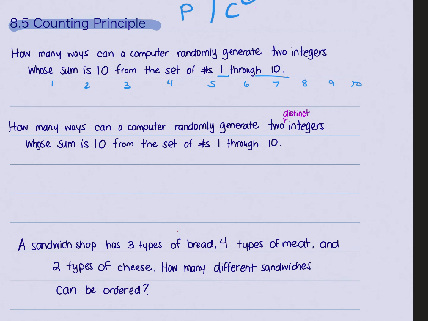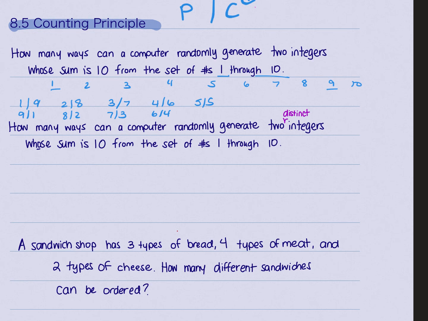So 10 in a number doesn't work, but 9 and 1 works. So I could do 1 and 9, and then you could also do 9 and 1. And then I can do 2 and 8, and I can do 8 and 2. I can do 3 and 7 and 7 and 3, 4 and 6 and 6 and 4. And then you can also do 5 and 5. So first time you can pick 5, second time you can pick 5.